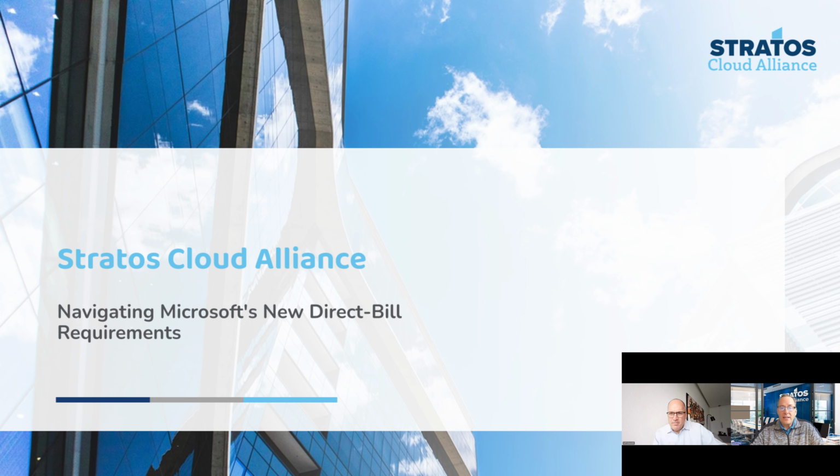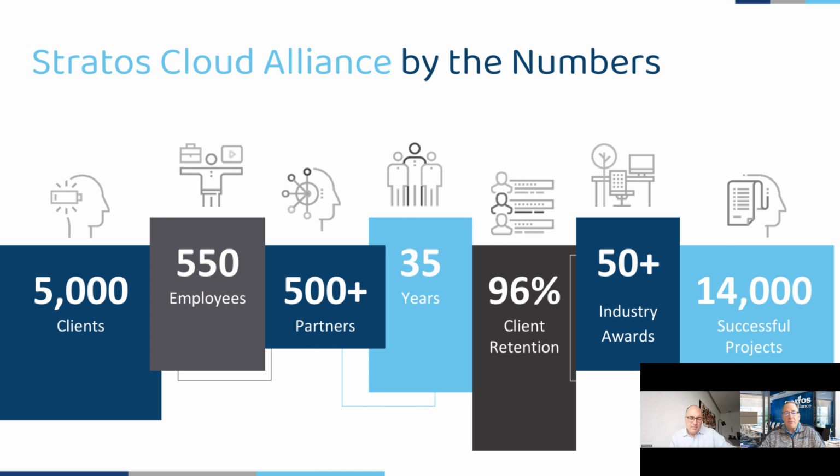Stratos Cloud Alliance is about 550 employees. We've got about 500 partners, a little different than other indirect distributors in that we don't have 10,000 plus partners. We're only focused on the Microsoft Cloud. We specialize in Dynamics business applications, which we've been doing for 35 plus years, with an extremely high NPS score and client retention, tons of industry awards, and tens of thousands of successful projects across the entire Microsoft Cloud stack.